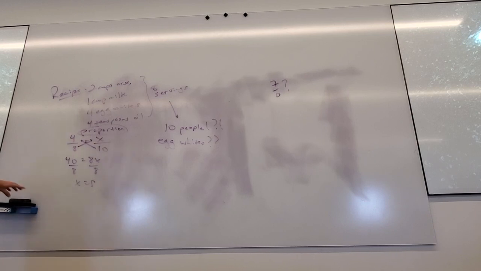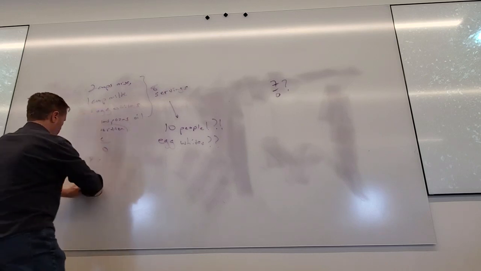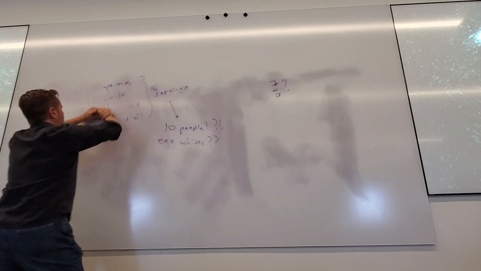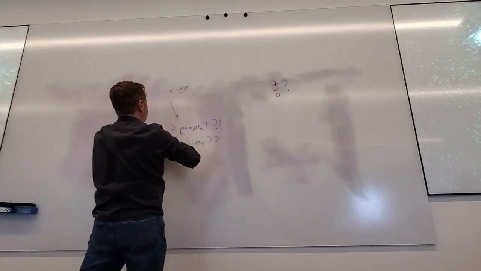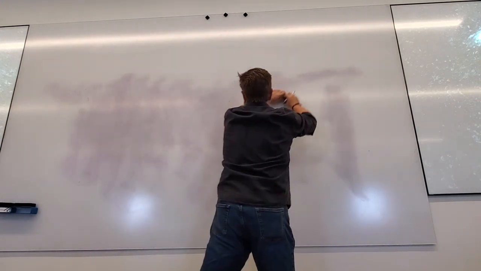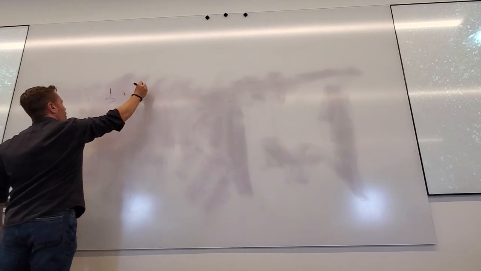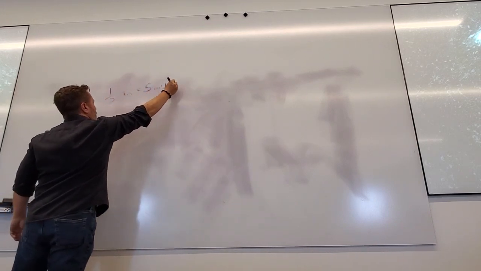So let's say we have a map, and let me see if you guys freak out about something. Every half an inch on a map represents 5 miles in real life. Half an inch represents 5 miles.